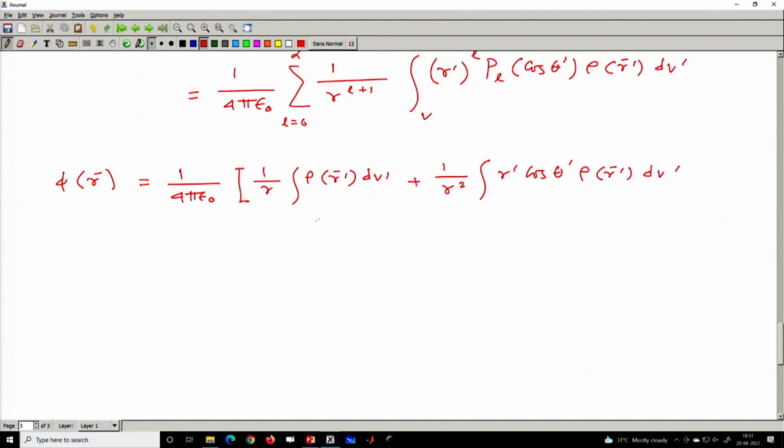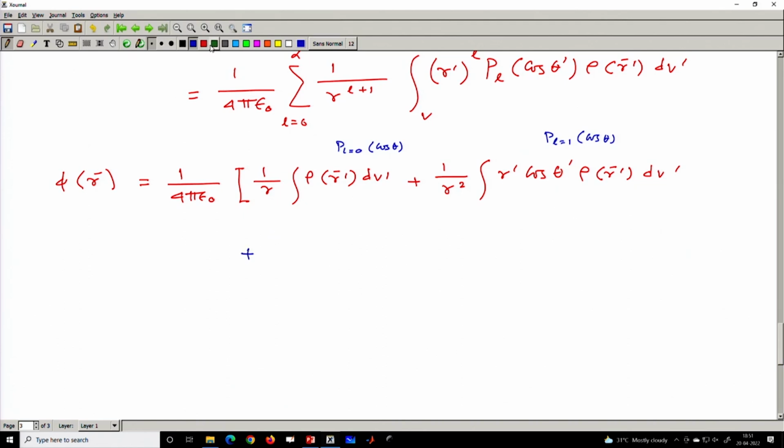Here I use P_L. This value is associated with P_0, L equal to 0 with cos theta argument, and this value is associated with P_1, L equal to 1, cos theta, which is simply cos theta. So, that value is here, and so on.